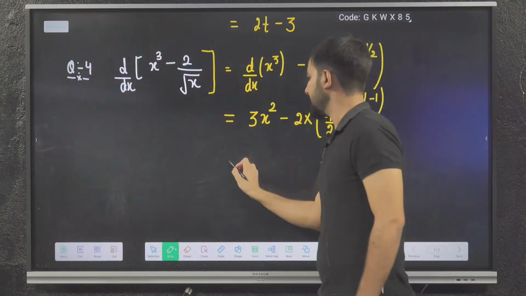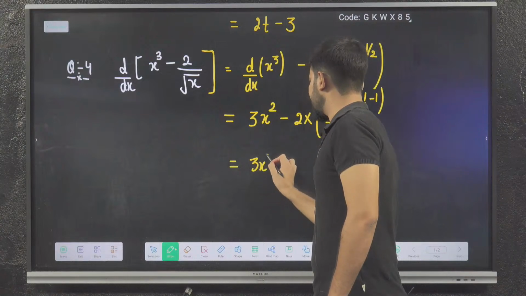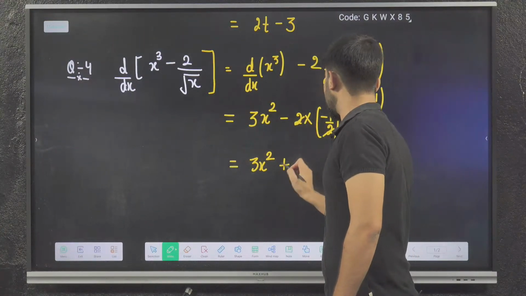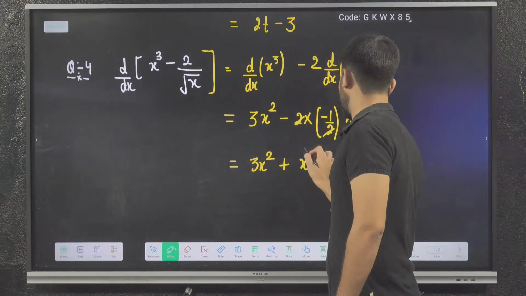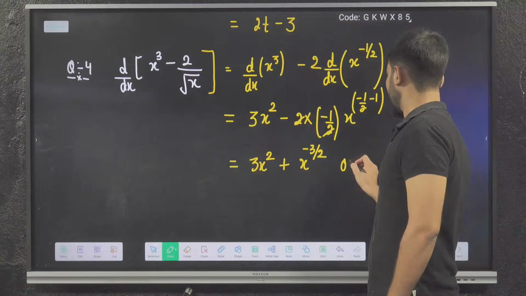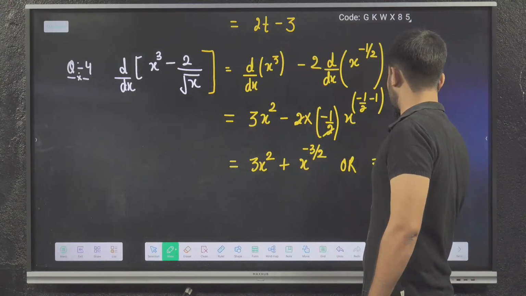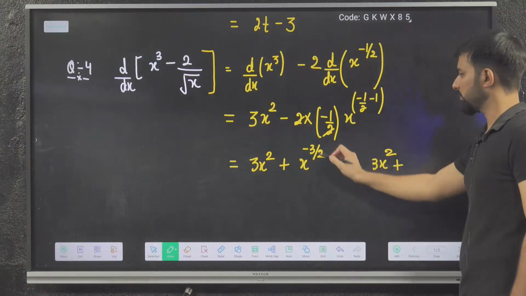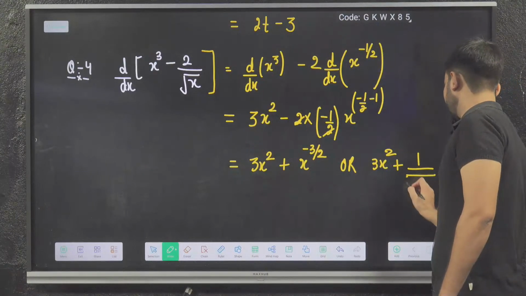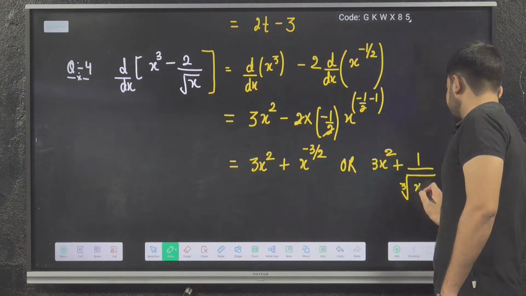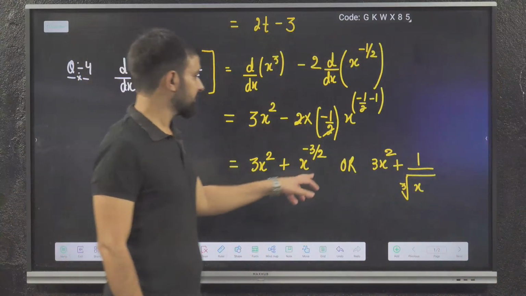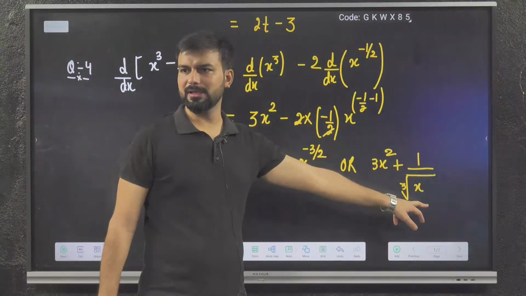So what is the final answer you are getting? 3x square, the 2 cancels, and minus times minus makes plus, x power minus 3 by 2. Or I can write 3x square plus, this will come down, 1 upon cube root of x. Either this will be the answer or this will be the answer.